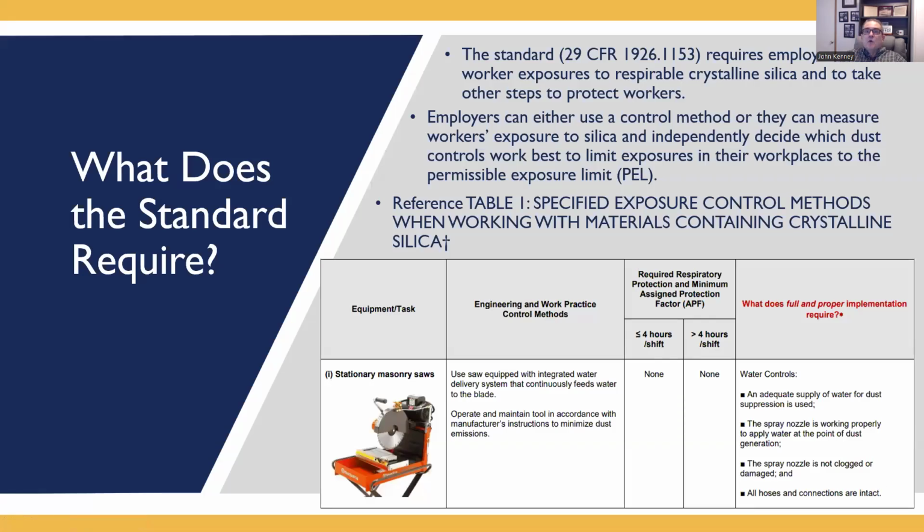So, what does the OSHA standard say? It requires limiting worker exposures to silica dust, respirators, and other steps to protect workers. Employers can either use a control method or they can measure workers' exposure to silica and independently decide whether the dust controls work best to limit the exposure in a workplace to that permissible exposure limit, or PEL.